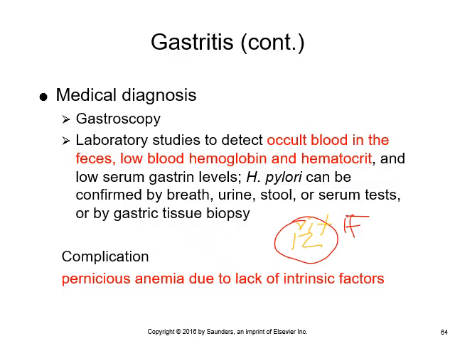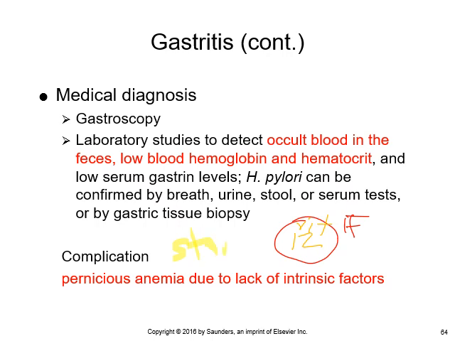That vitamin B12, remember that it needs to go to the small intestine, so it will be absorbed. But for it to travel to the small intestine, it needs to have this coat, which is called intrinsic factor, and that intrinsic factor is coming from the stomach.